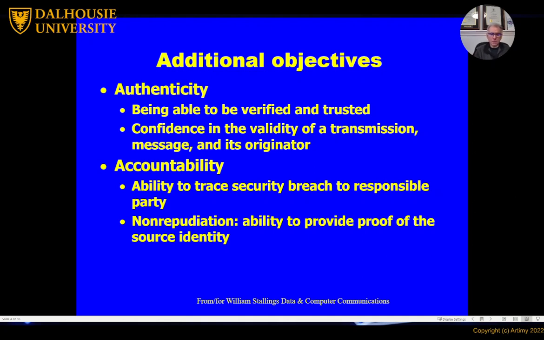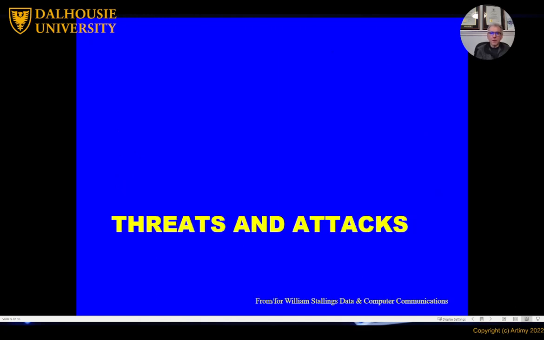Otherwise, everybody will say, transfer $1,000 to another bank, and then claim that he didn't do it, right? And that will be an issue for the bank, of course.